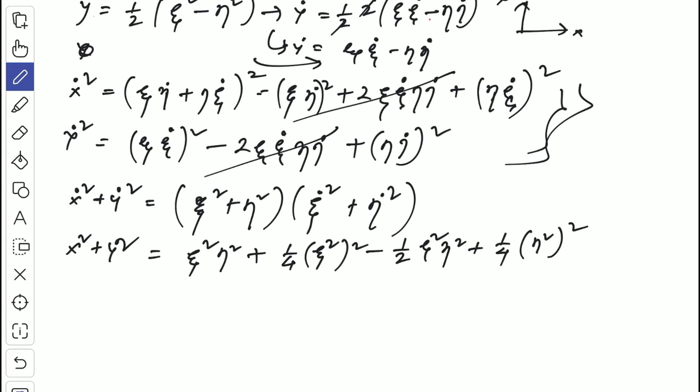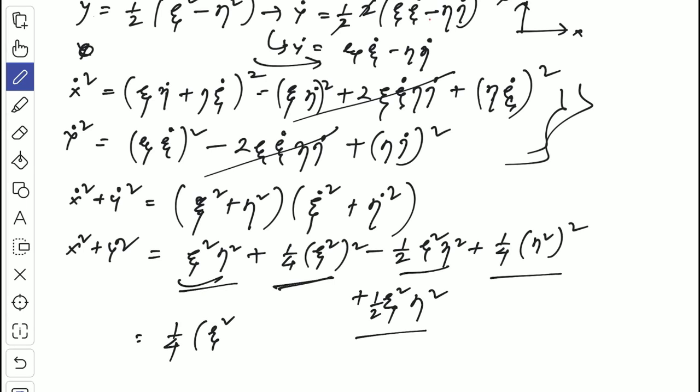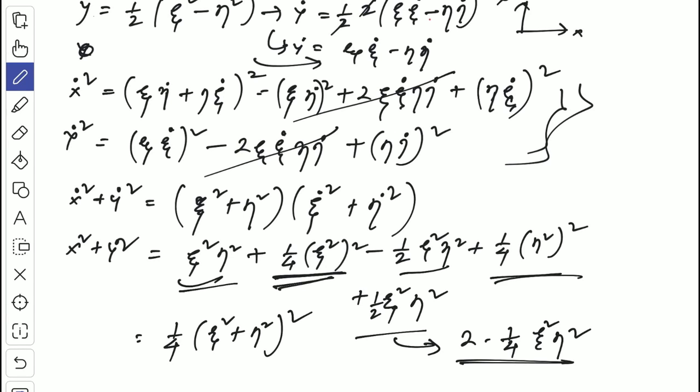Then if you subtract these two, you will get plus half xi square eta square, and combining these terms you will get 1 by 4 xi square plus eta square, whole square. This term can be written as 2 into 1 by 4 xi square eta square, isn't it? And here you see this is a square plus twice ab plus b square. So this is what we have got for x square plus y square.